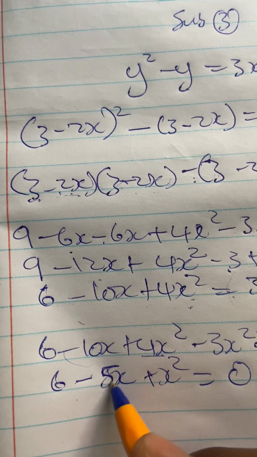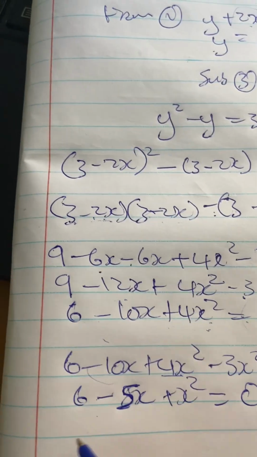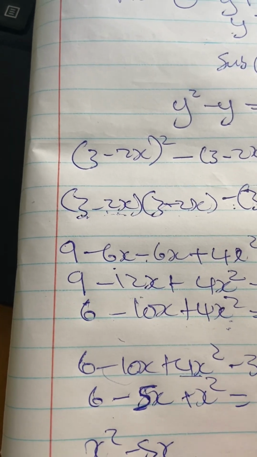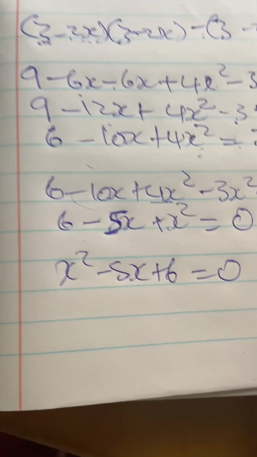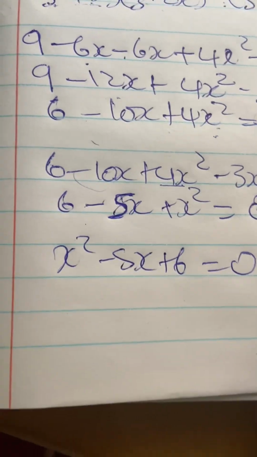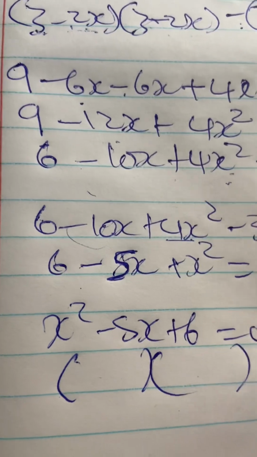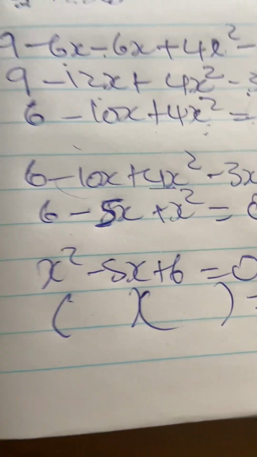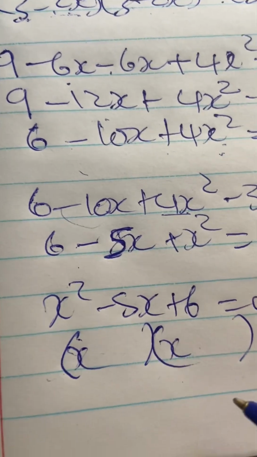So let us factorize this. We open two brackets here. It's going to be x and x.